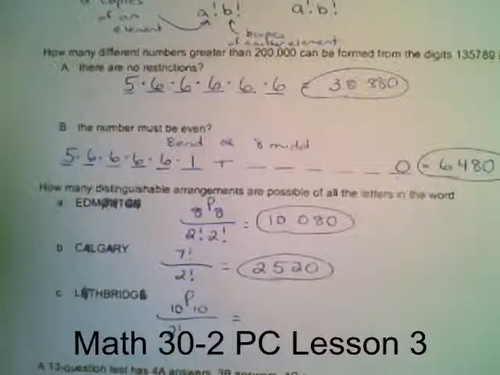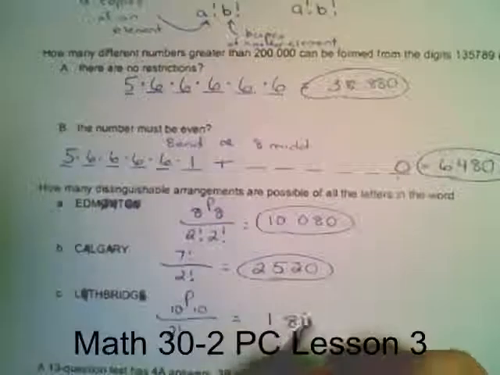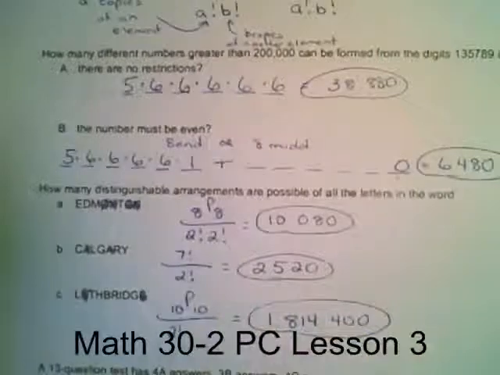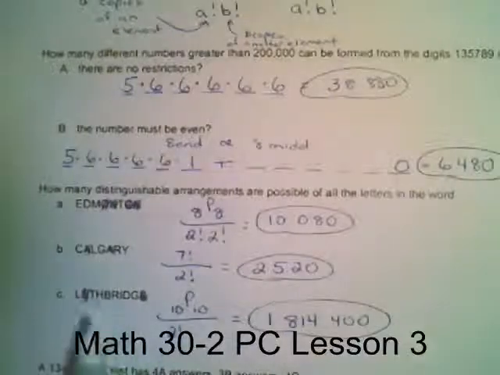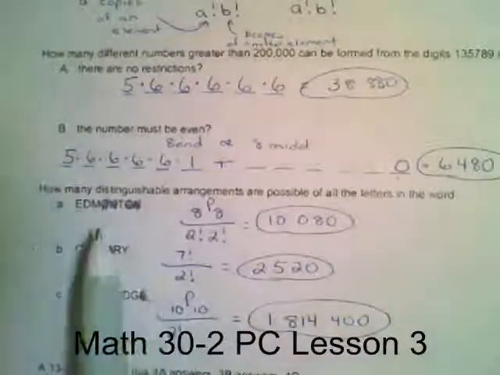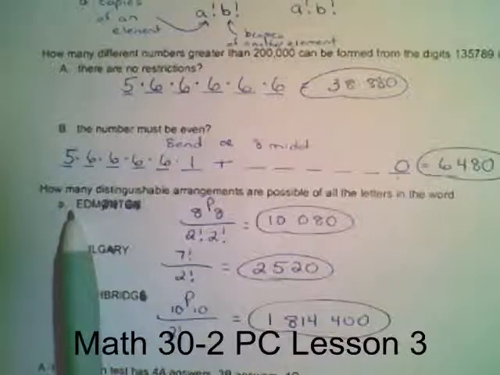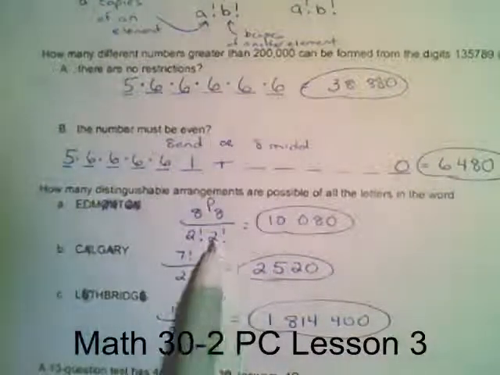So I've got 10 pick 10 divided by 2 factorial, and I just go figure that out. Sorry, doing the math here, pushing the wrong button. And so what I get here is 1,814,400 distinguishable arrangements of the letters of the word Lethbridge.